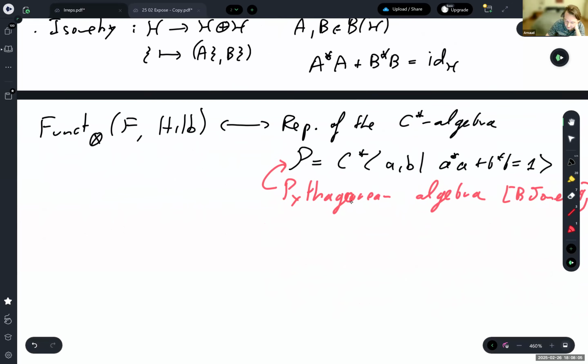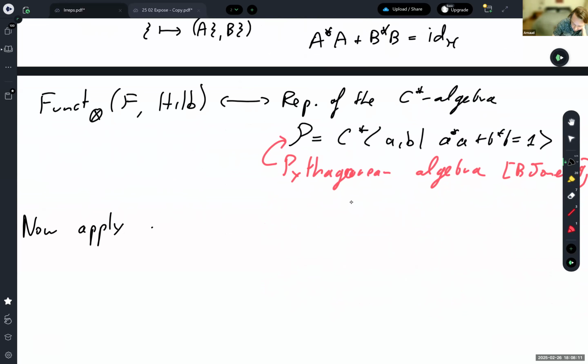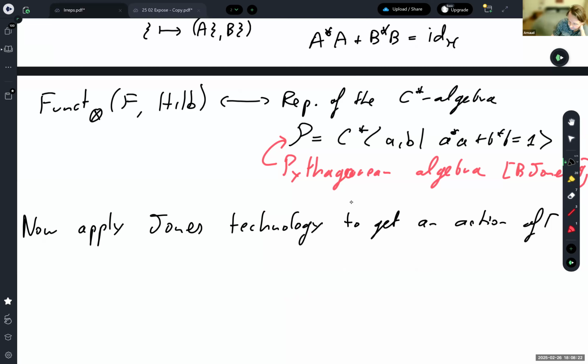And so now I just need to apply this so-called Jones technology to get an action of F. So how do I do that?